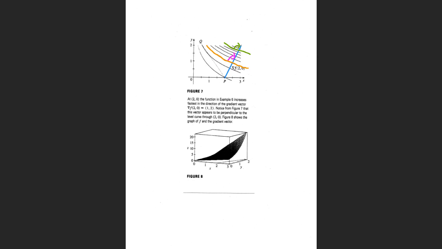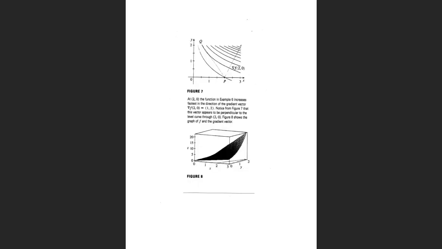They mention, notice from this figure 7 that the gradient vector appears to be perpendicular to the level curve. Well, I want to be a little bit careful here. I didn't say it right. I'm going to take that back.